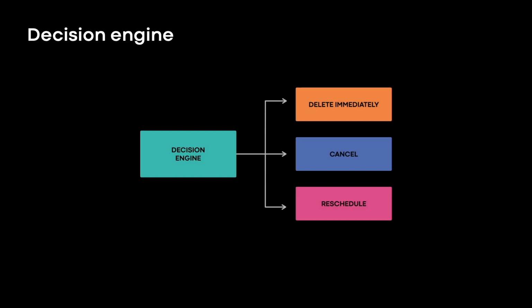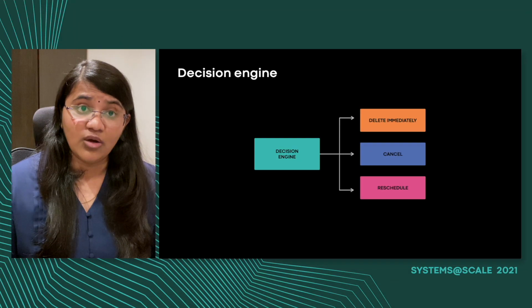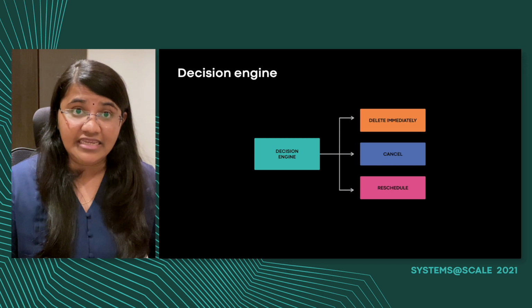The first one is the decision engine. All of the ephemeral objects which are onboarded onto SD are associated with a decision engine, which tells us the TTL for the object. That is the time when this object needs to be deleted. Now, the output of the decision engine can be one of these three actions.